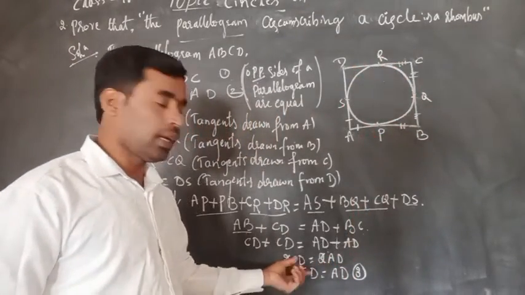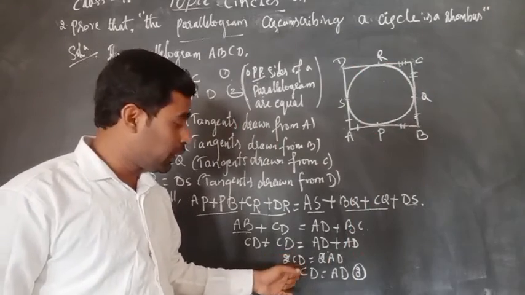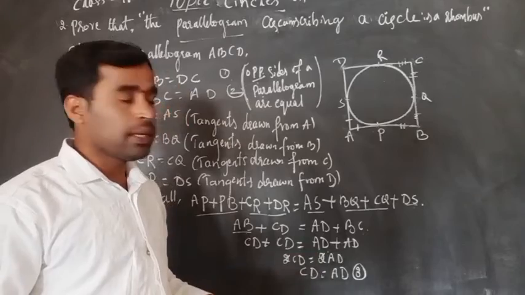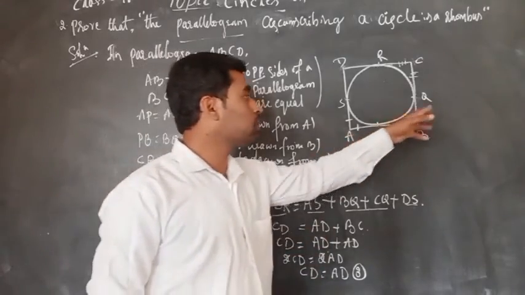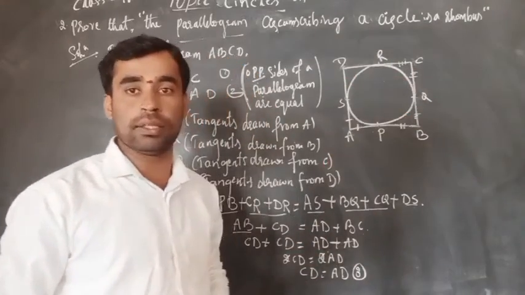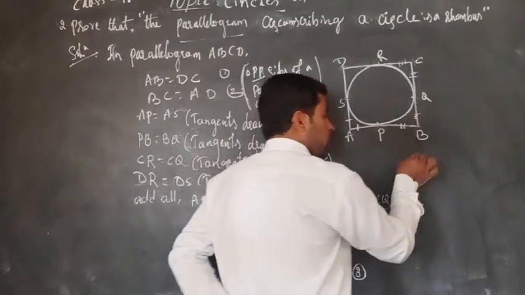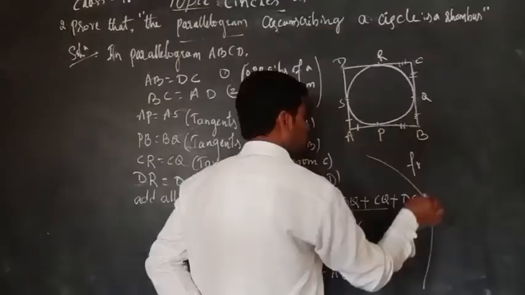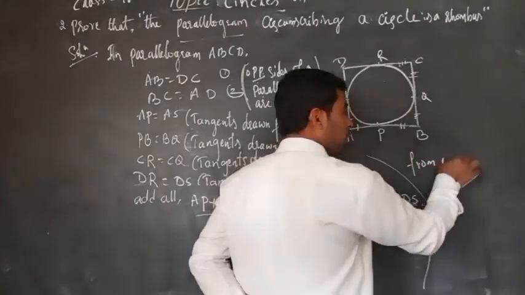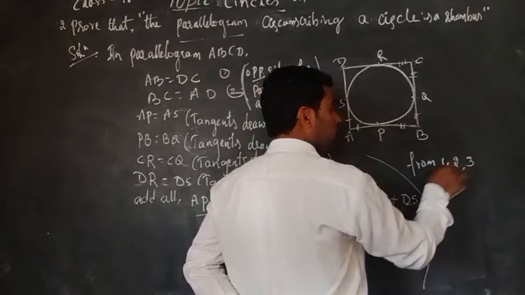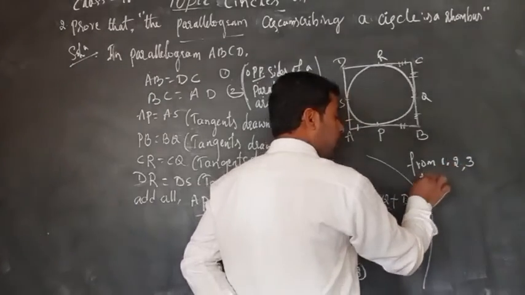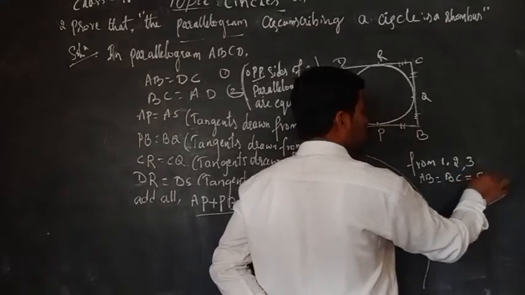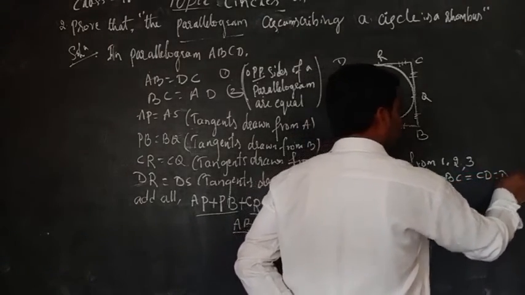Therefore, easily we can conclude that from equations 1, 2, 3, all the sides are equal to one another. We can write the length of AB is equal to BC is equal to CD is equal to DA.